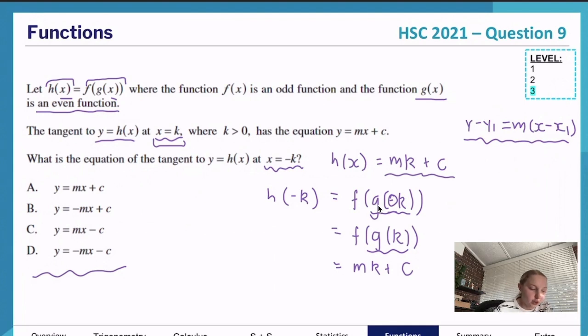Okay, so we've just said that this is our y value.